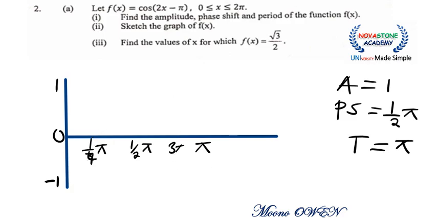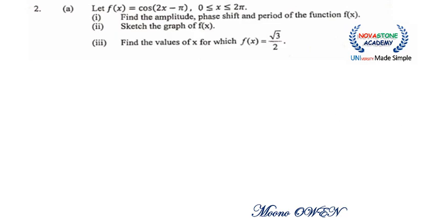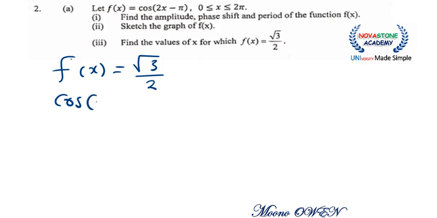Now we've been told to find the values of x for which f of x is equal to that. Okay, so how are we going to solve this one? So we are saying f of x is equal to the square root of 3 over 2. So now f of x, we know we've been given that is cos 2x minus pi.